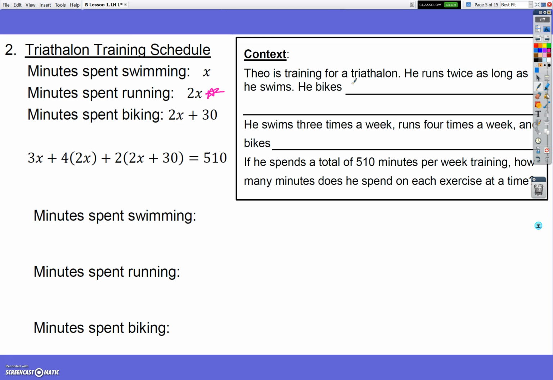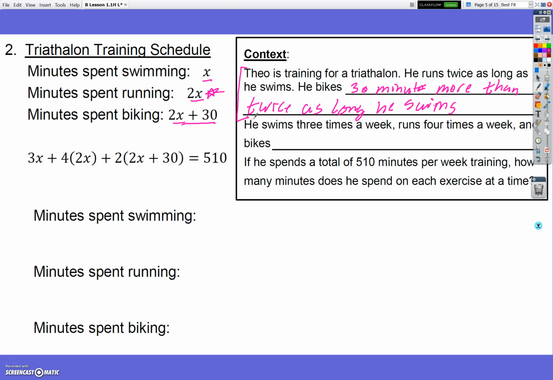He bikes 30 minutes more than twice as long as he swims. So this is that part right here. This first sentence tells me these 3 parts.